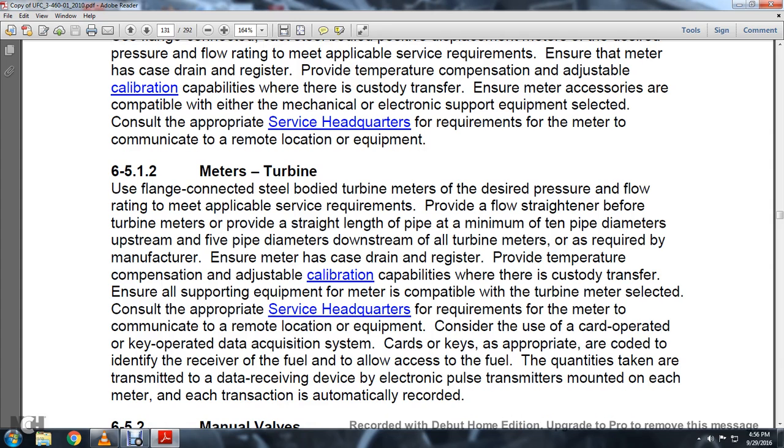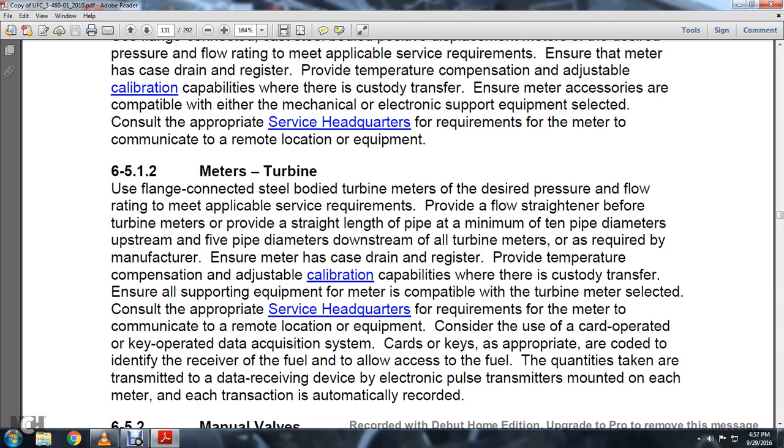6.5.1.2 Turbine meters. Use flange connected carbon steel body turbine meters of the desired pressure and flow rate for the applicable service requirements. Provide flow straightening for the turbine meters with straight lengths of pipe: a minimum of 10 pipe diameters upstream and 5 pipe diameters downstream, or as required by the manufacturer. Ensure the meters have a drain and register, provided with temperature compensation and adjustable calibration capabilities where there is custody transfer.